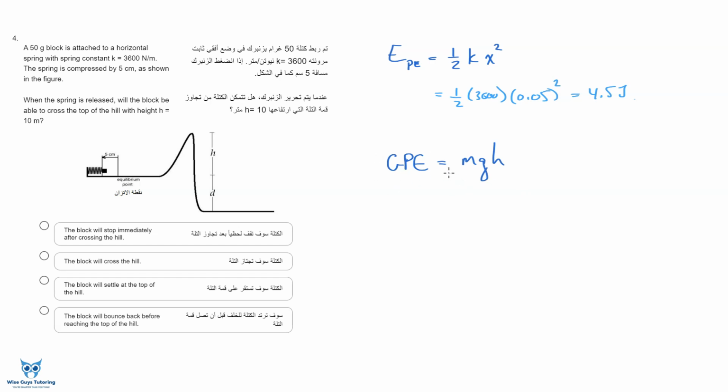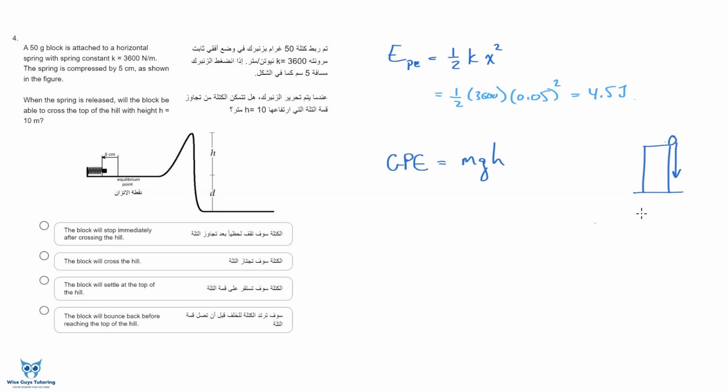So think about something that has height, let's say a ball on top of a table. It has a lot of gravitational potential energy. If I drop this ball, it would really start to move downwards with more and more speed, wouldn't it? Because gravitational potential energy can be transferred to kinetic energy.